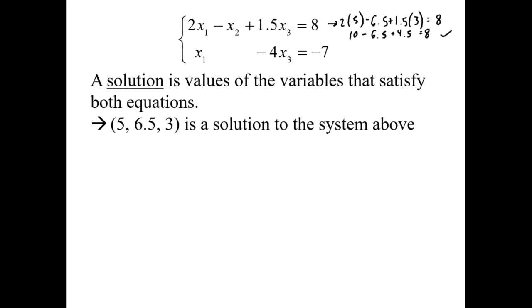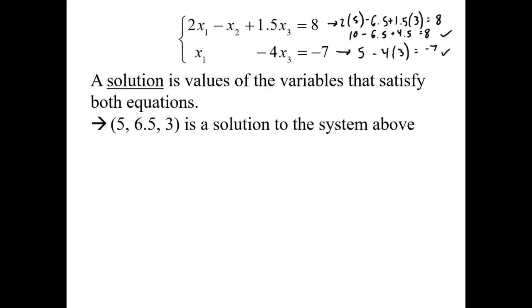Of course, being a solution to the system means it has to make both of them true. So if I plug those numbers into the second equation as well, we get 5. There is no place for x sub 2, so I don't need that. Minus 4 times 3. And 5 minus 12 is equal to -7. So it also satisfies the second equation.